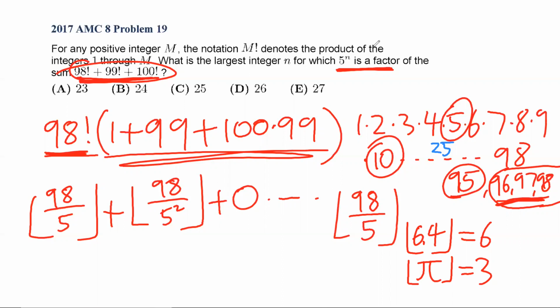And so every 25 you have that problem: there's 2 5s instead of 1. So what you need to do is do the same thing for 25. Take the floor of 98 divided by 25 and add that. And then that will give you the number of 5s. So any questions?